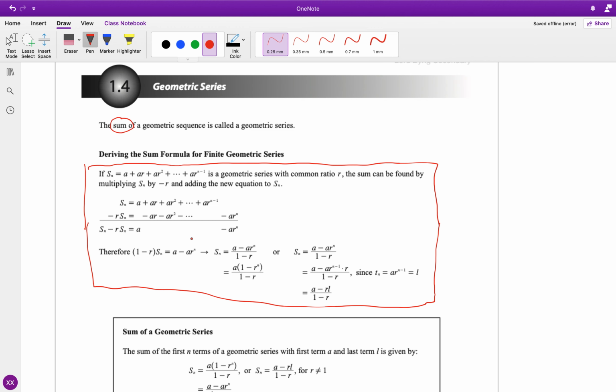You add this side together because the point of the matter is to cancel all the terms so that you only have the first term and your last term left.